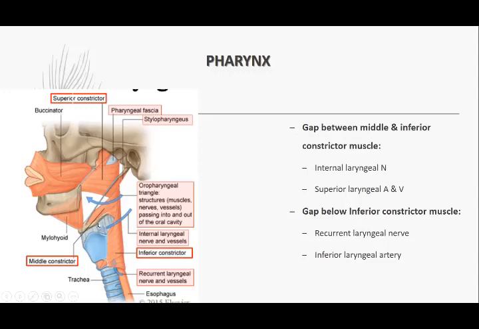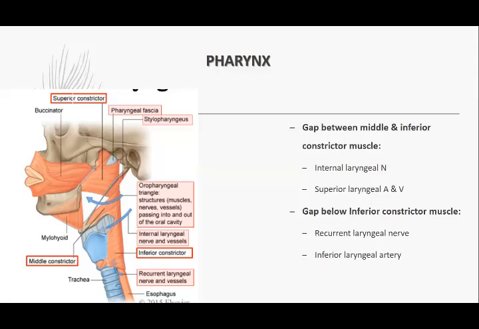Between the two is the thyrohyoid membrane. ठीक है. So piercing the thyrohyoid membrane, going from outside in, you have the internal laryngeal nerve and you have the superior laryngeal artery. अभी हमने internal laryngeal nerve पढ़ी थी, and I told you it was lying deep to the mucous membrane of the piriform fossa.